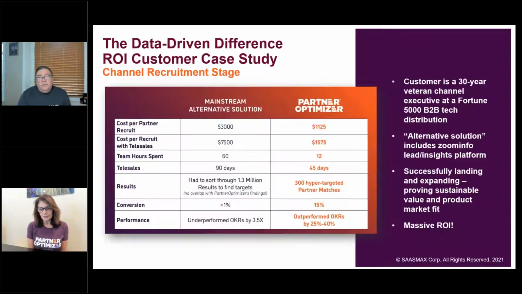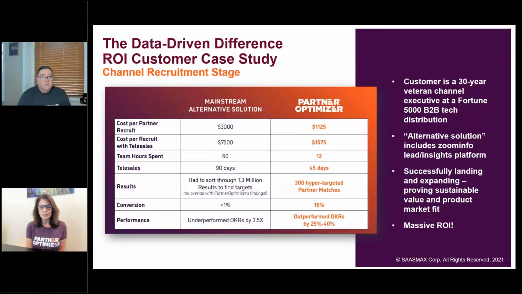Actually, we've probably talked about the ROI of this already, and we just want everyone to do well. This is just another example, in a quantified way, of what happens when you leverage an engine like PartnerOptimizer versus an end lead contact engine to hone in on partner recruitment and discover partners to recruit.